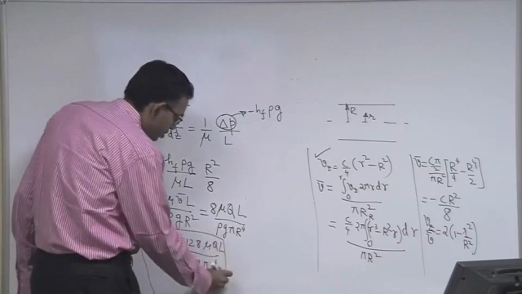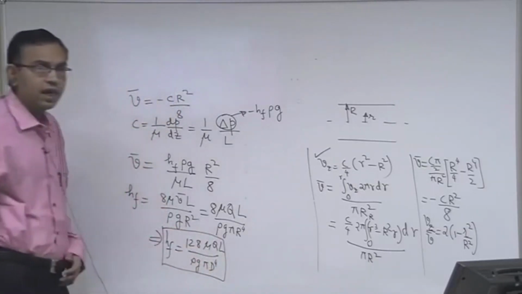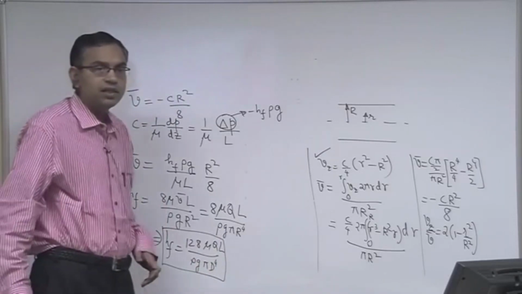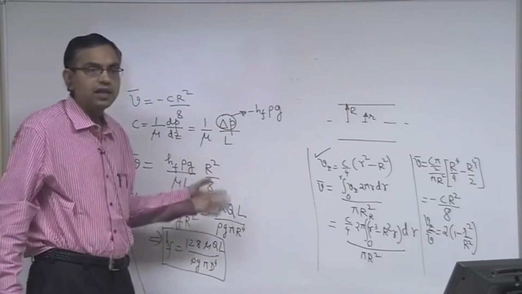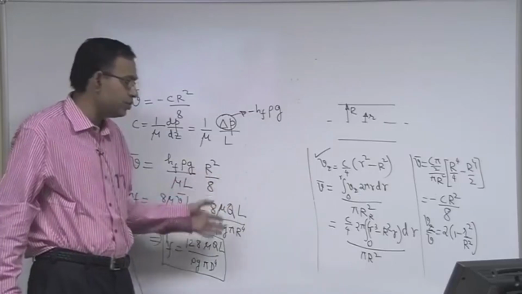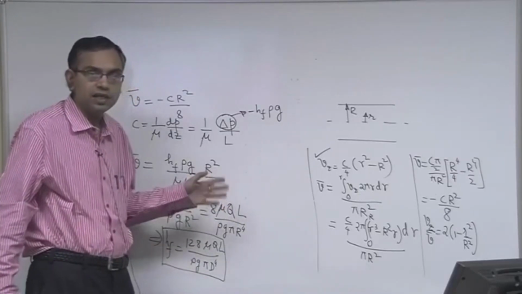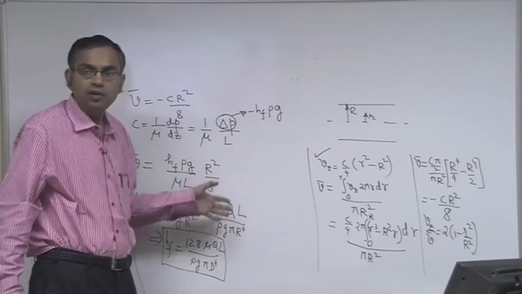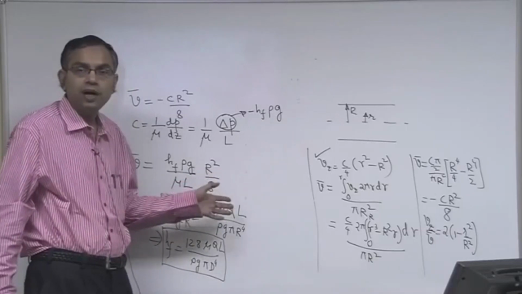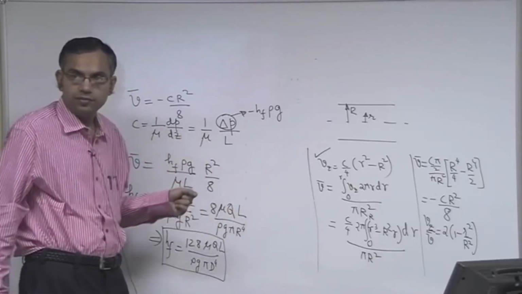You can find out the friction factor f from here, the Darcy's friction factor, just in the same manner as we calculated in the previous class for the rectangular channel, and you will get f equal to 64 by Reynolds number.